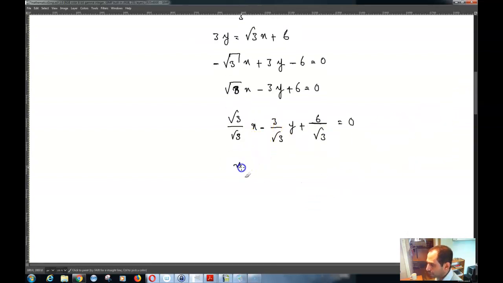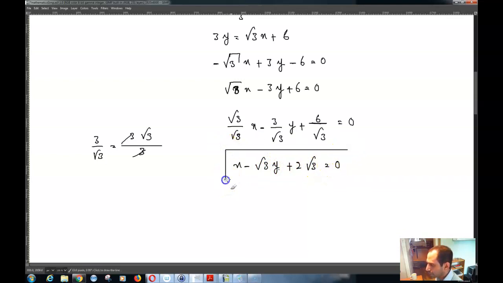And then this is x minus 3 over square root of 3, which is 3 times square root of 3 over 3, which is square root of 3, times y, and 6 over square root of 3 is 2 times square root of 3, equal to 0. And that is x minus square root of 3 times y plus 2 times square root of 3 is equal to 0. And that is basically the equation of your line.